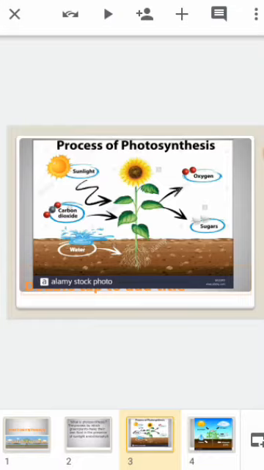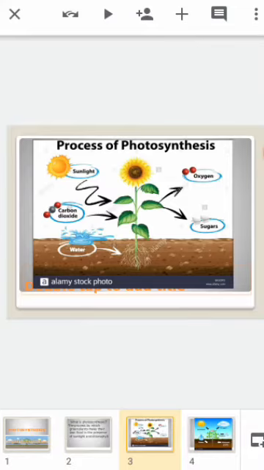And first of all, you have to know what is the picture of the plant. So this is the picture of a sunflower plant.